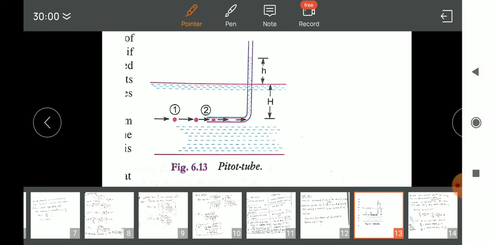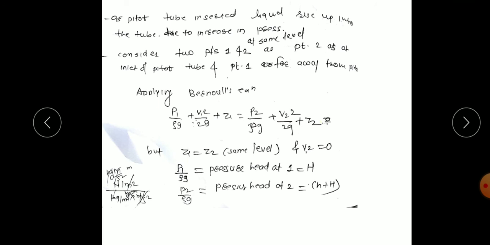So P1 by rho g plus V1 square by 2g plus Z1 is equal to the same at point 2, but here there is no head difference, so Z1 is equal to Z2, and velocity at point 2 is 0 as the fluid comes to rest. So V2 is 0.